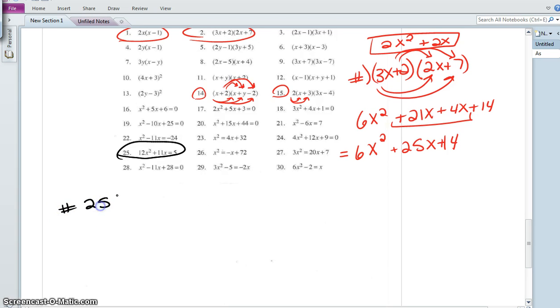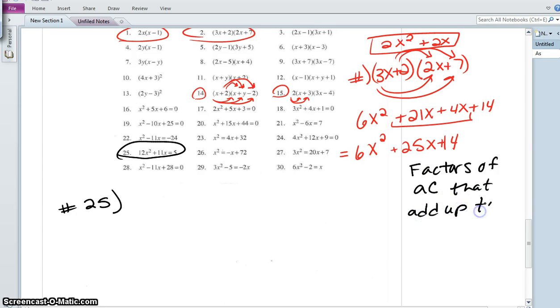We're going to use the same method, factor by grouping, but we want factors of AC that add up to B when the quadratic is written in standard form.